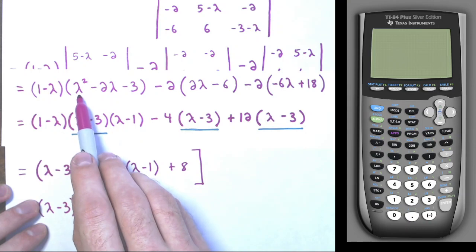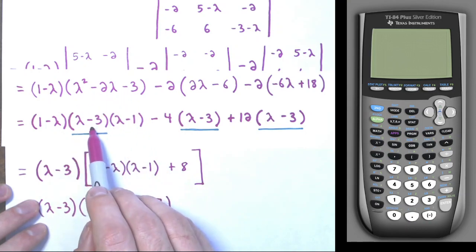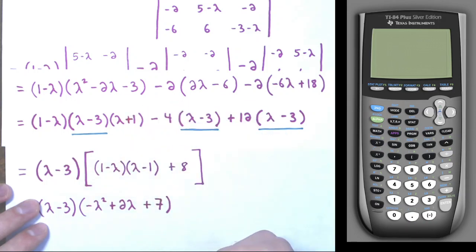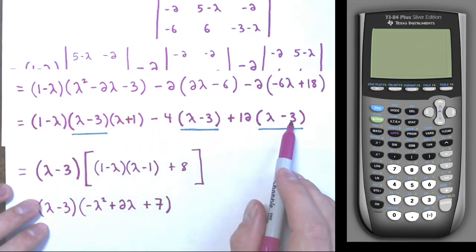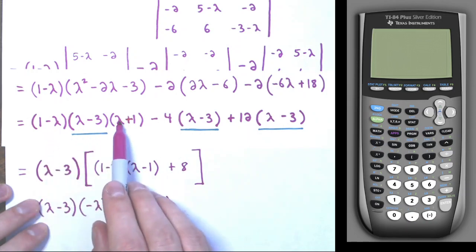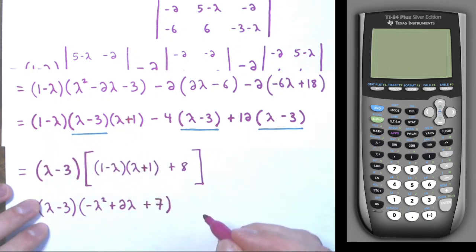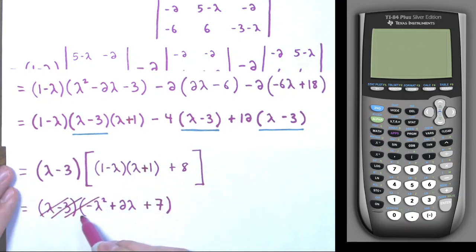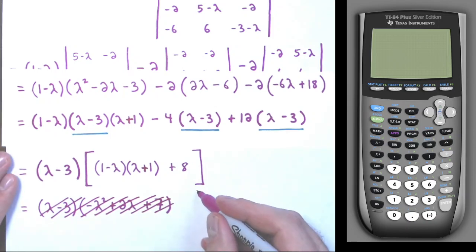When I factored lambda squared minus 2 lambda minus 3, that's lambda minus 3 times lambda plus 1. So then when I pull out the lambda minus 3's, I get lambda minus 3 times, and then in the brackets here, 1 minus lambda times lambda plus 1, and then plus 8. So my apologies, this line I'm going to erase, skip over, let's move down here.